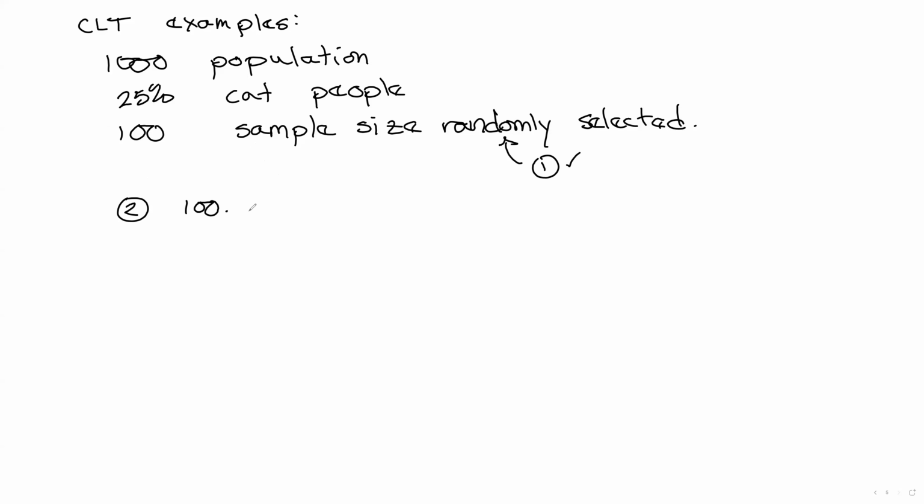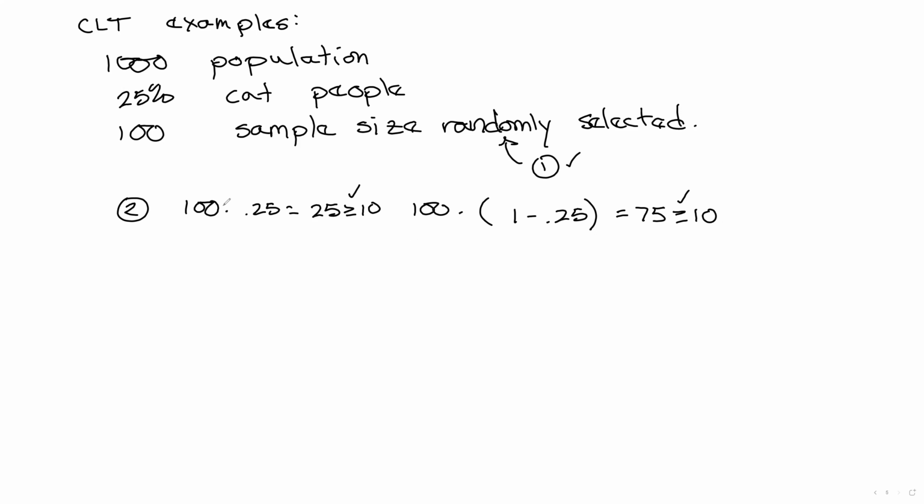So you've got 100 times 0.25, so we're going to get 25 yeses, or 25 cat people. And then 100 times 1 minus 0.25 equals 75. These two numbers need to be greater than or equal to 10. So this is greater than or equal to 10, check. This is greater than or equal to 10, check.